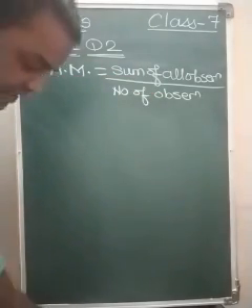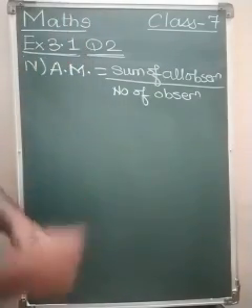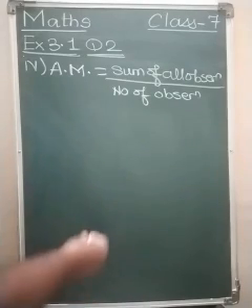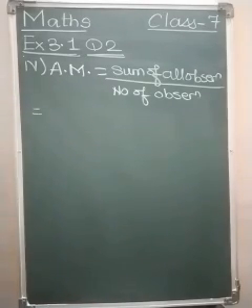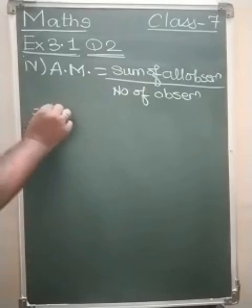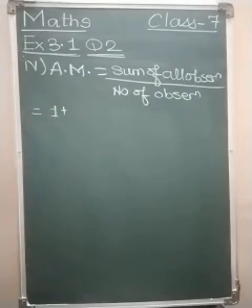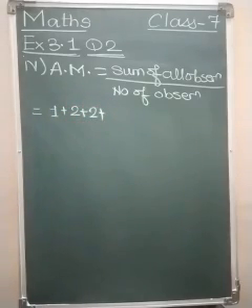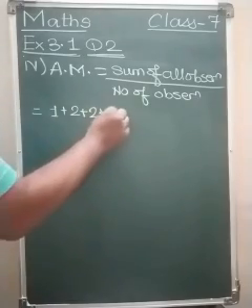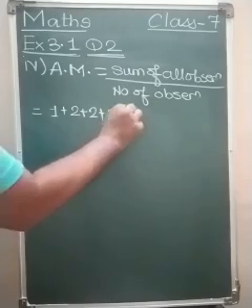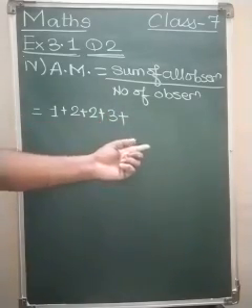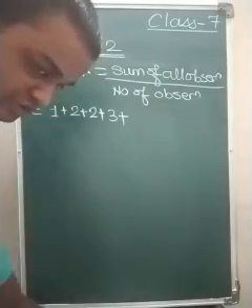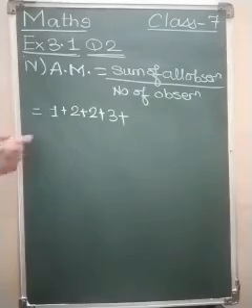Now whatever is given here, 4, 6, 7, 5, 3, that also you can write down and add up, or we can write it in this way. So 1 mark was got by one student, so 1 mark, plus 2 marks was scored by 2 students, 2 plus 2, plus 3 marks was scored by one student, so we write 3 only one time, plus you can write it down in this way, or you can directly take the data from the textbook also, no problem, but this is the easiest way.